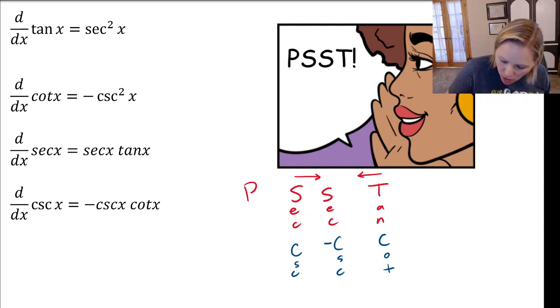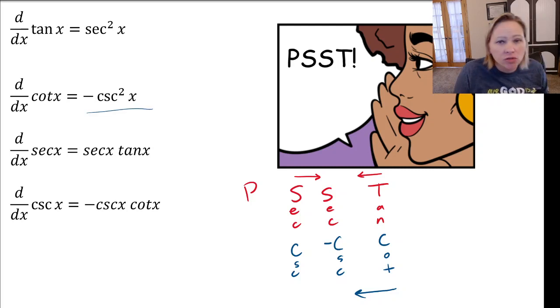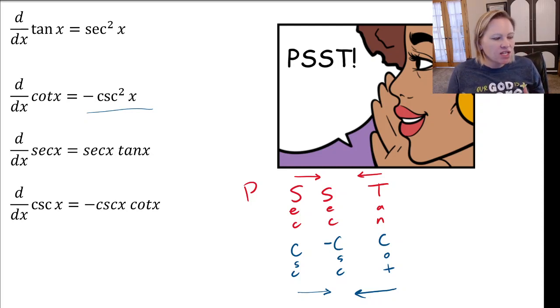And if you can remember, oh, the derivative of cotangent is negative cosecant cosecant. Well, that's negative cosecant squared. Similarly, the derivative of cosecant is negative cosecant cotangent. And so this is how we can remember these trig functions. Sine and cosine, that's pretty easy. But these other four, it can be tricky. So just remember, psst, that's your trick, okay?